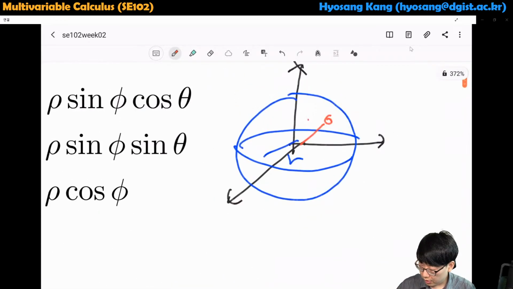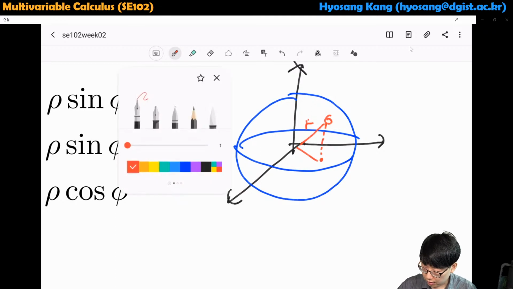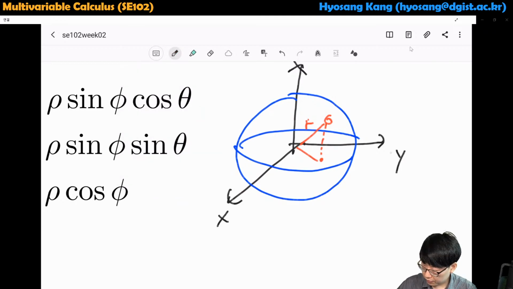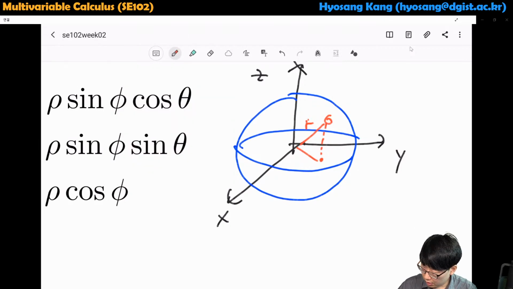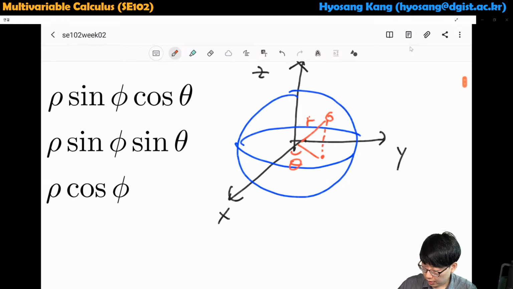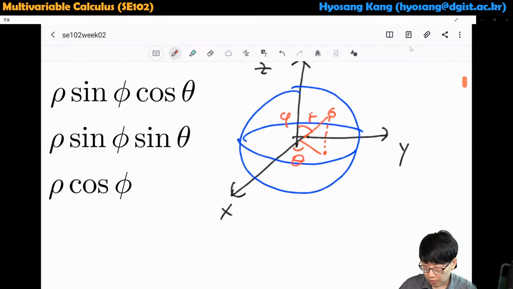So let me enlarge this. Radius r, and also if I take a projection of this point on the xy plane, these are x and y. I need the angle between this positive axis and this line, and also I need the angle between the z-axis and the line from the origin to the point. So these are x, y, z, and I need r, theta, and phi.